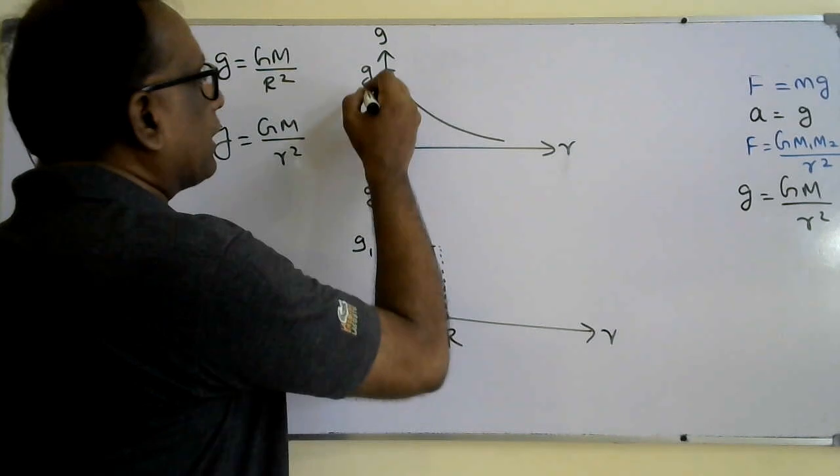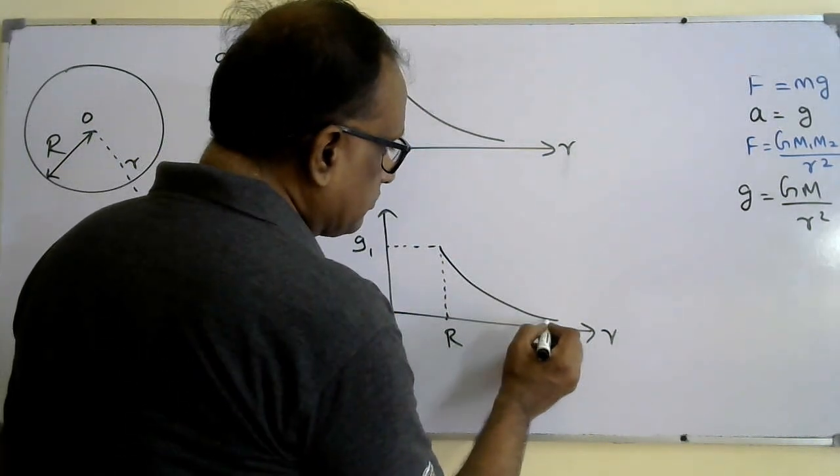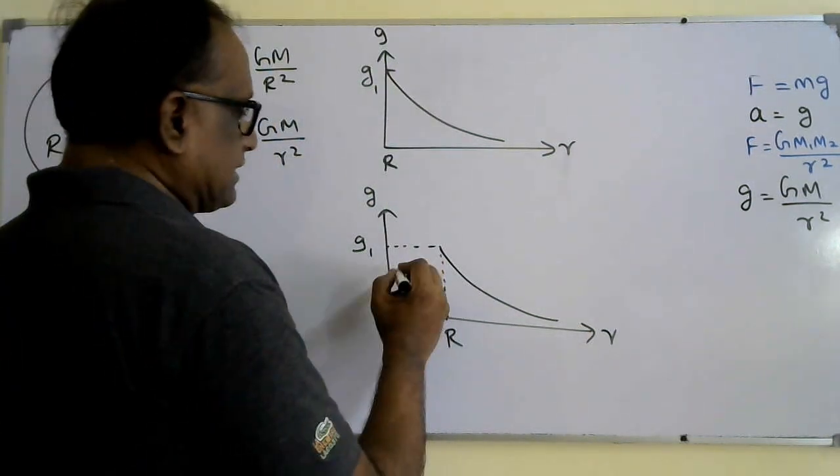But on the surface of the planet, if the gravitational field strength is g1, beyond it, it will obey the inverse square law.